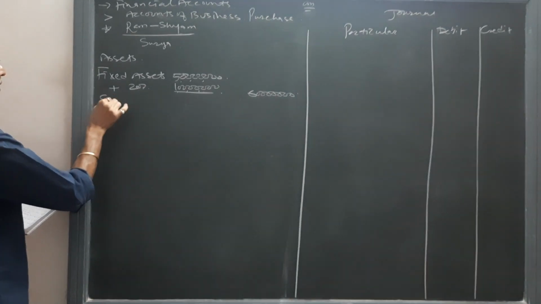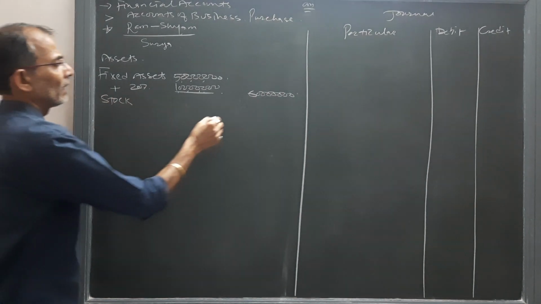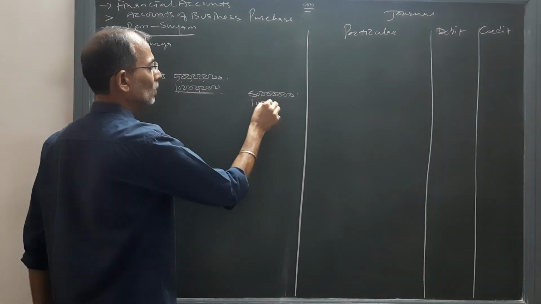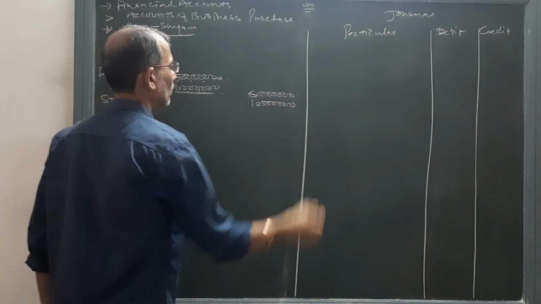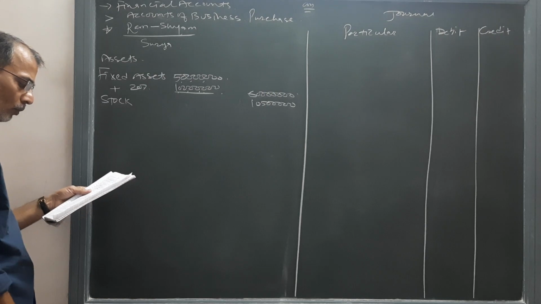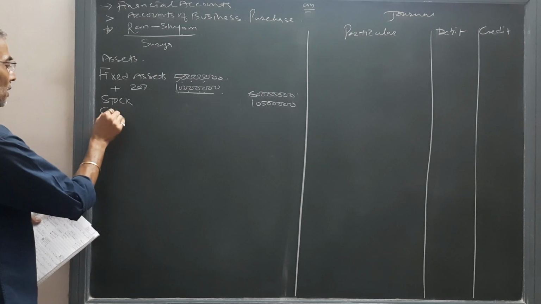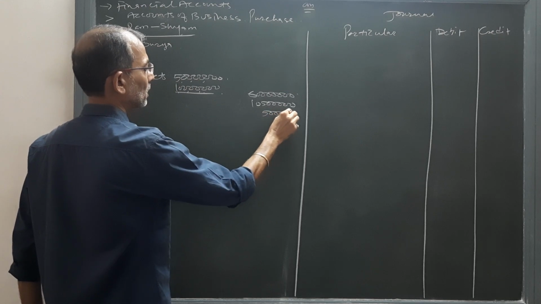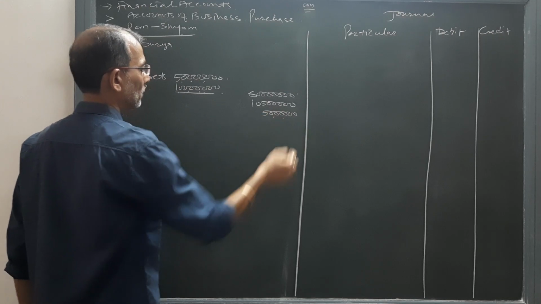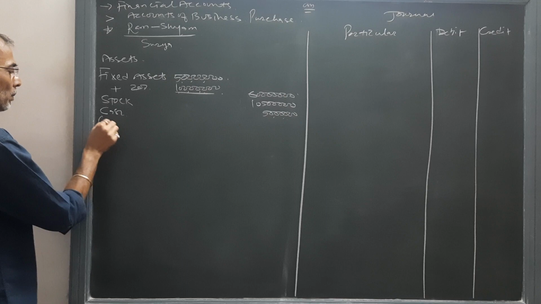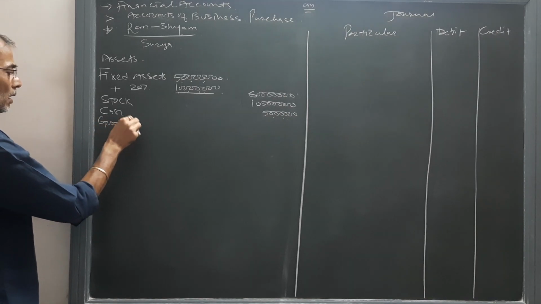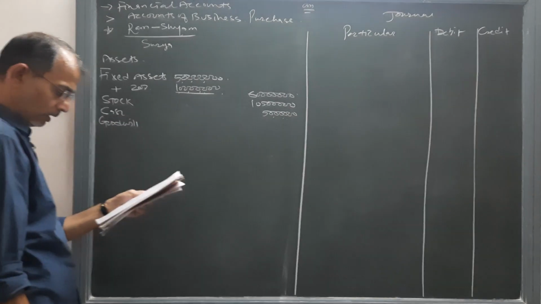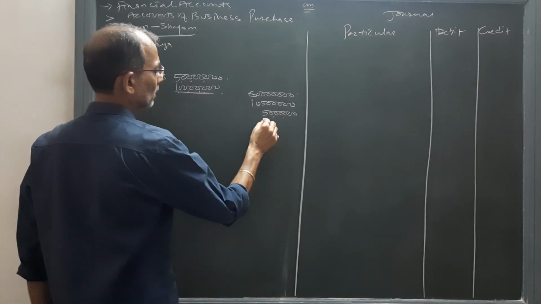Then after that, stock, that is 1 crore 5 lakh, cash, that is 50 lakh, and goodwill, the company itself is paying to the vendor, and that is 50 lakh.